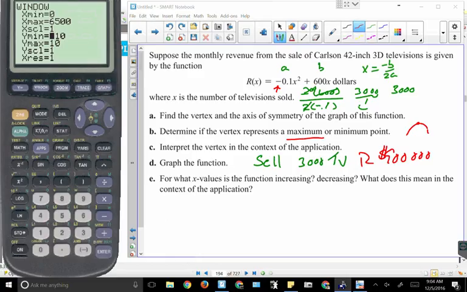Okay? Maximum. So if I've got a parabola, and I just figured out that if I sell 3,000 units, I make $900,000. Does Y represent the dollars that we bring in? So if Y represents the money we bring in, would I want to set my Y value above $900,000?